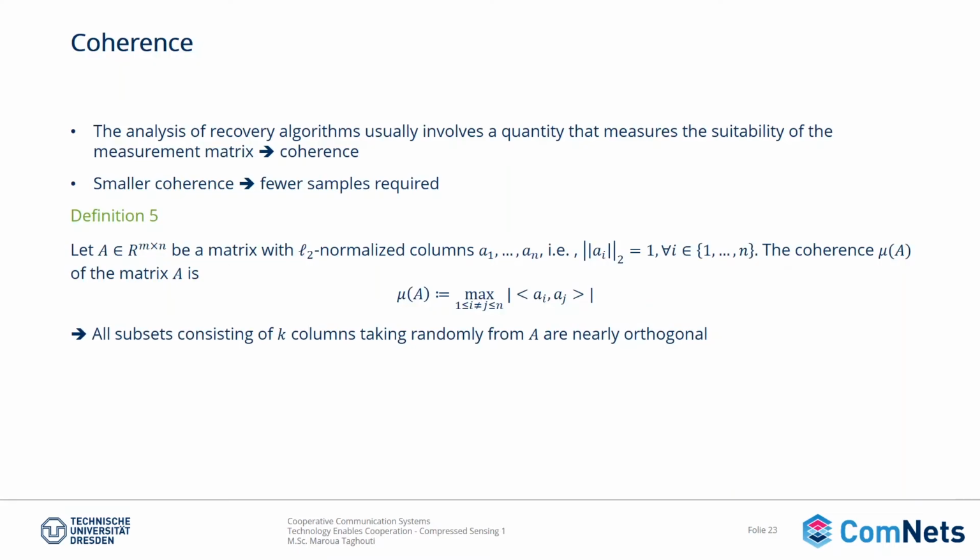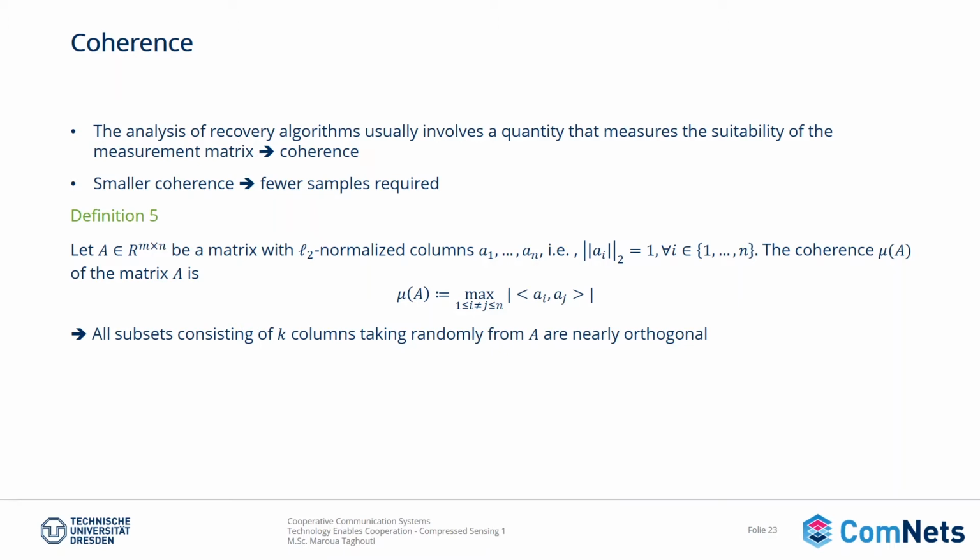Okay, so we talk here about the coherence, which is one of the main properties if we want to check whether my matrix is a good candidate for my compressed sensing problem or not. The analysis of recovery algorithms usually involves a quantity that measures the suitability of the measurement matrix, which we call the coherence.